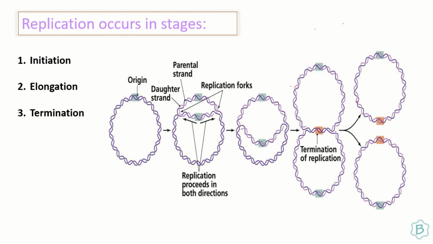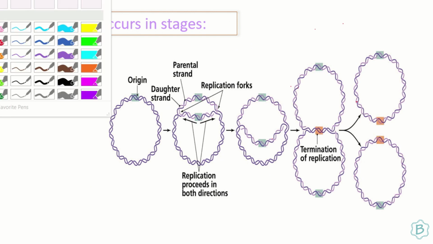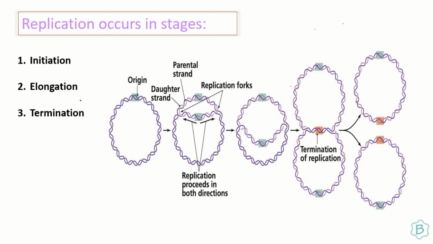Replication usually occurs in three stages: initiation, elongation, and termination. Let us understand with this diagram how initiation, elongation, and termination occur inside a cell. The very first picture is stage 1 of the replication, which is the initiation. Here we can see the origin of replication.